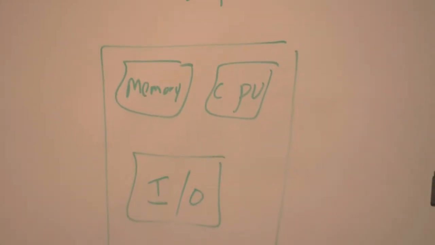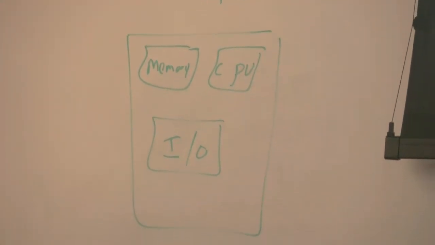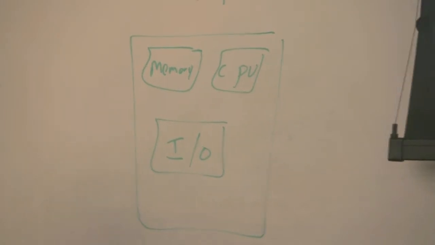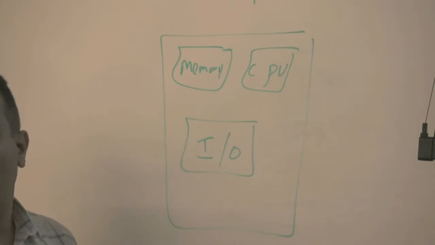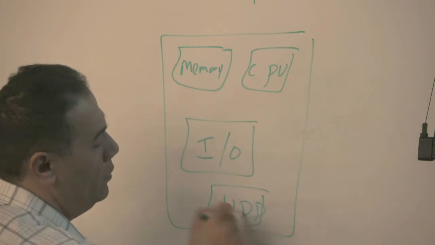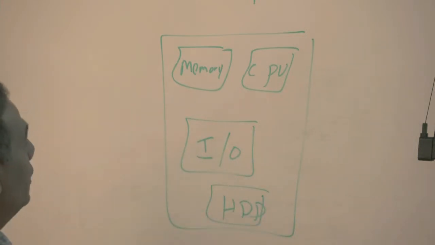The input could be a keyboard. The output could be a screen. And of course we also have the hard disk drive.